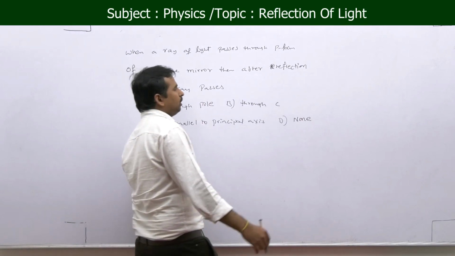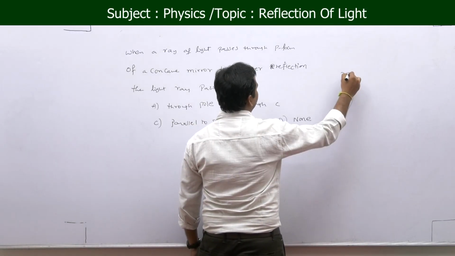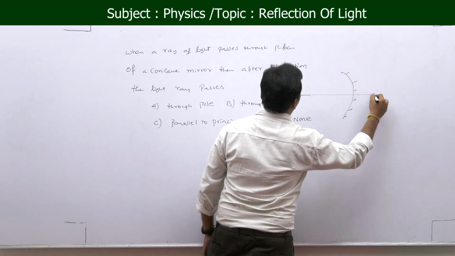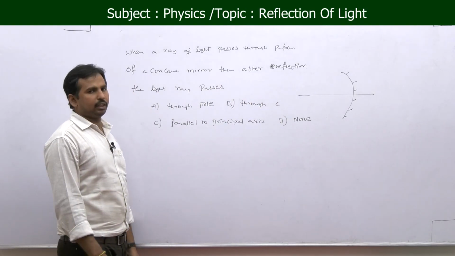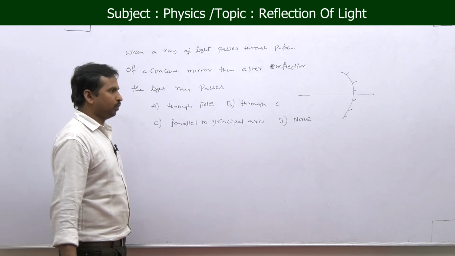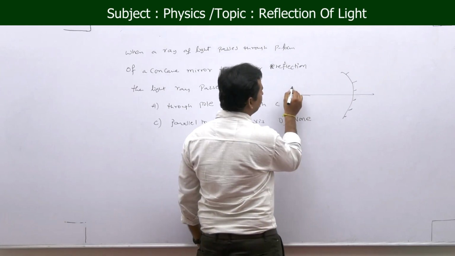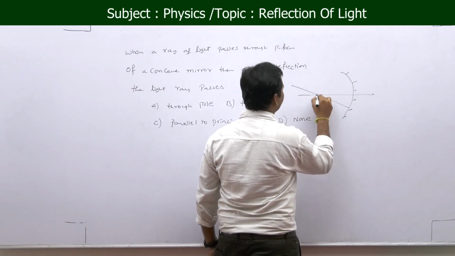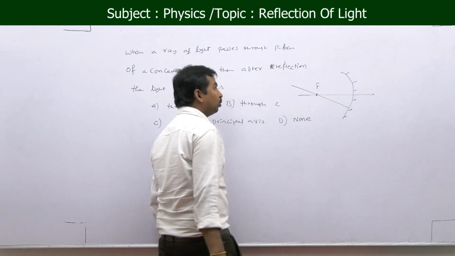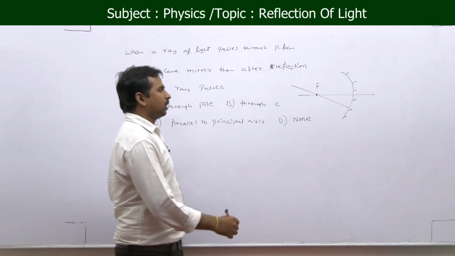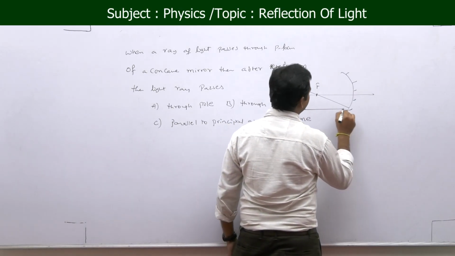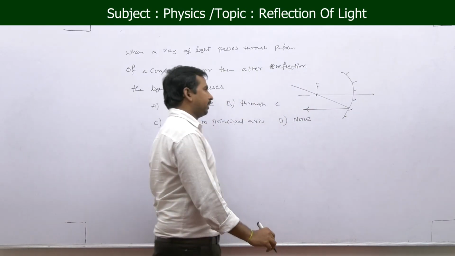If you remember the rules for drawing the ray diagrams as we discussed before, for this concave mirror the light ray is passing through the principal focus. Following rule 2, after reflection, the light ray has to pass parallel to the principal axis, like this.